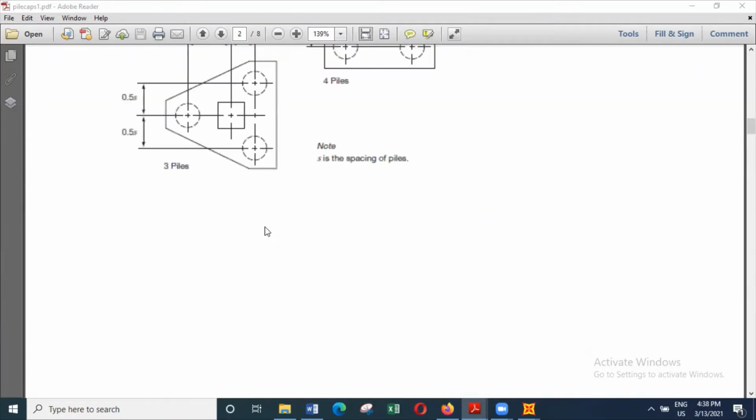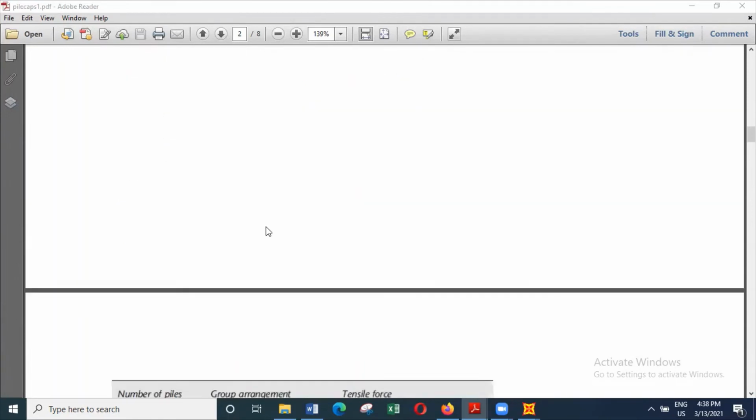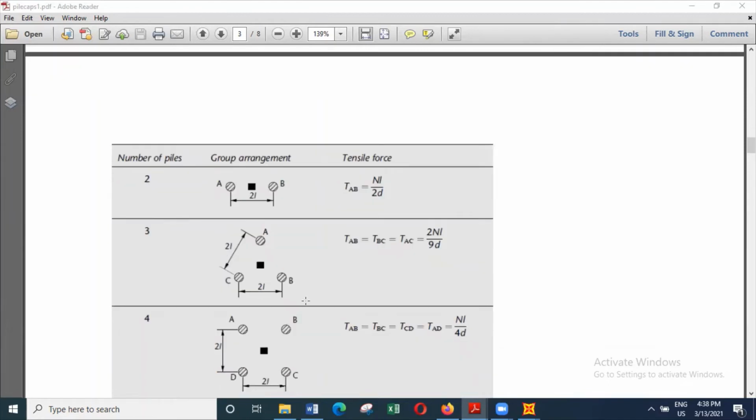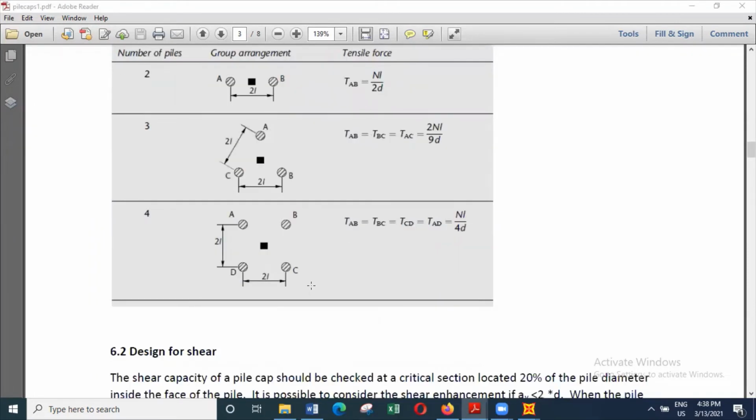But here, L is taken as half the distance between two adjacent piles, whereas the distance between two piles is taken as 2 times L. So you have to be a little careful when you are using this particular equation.